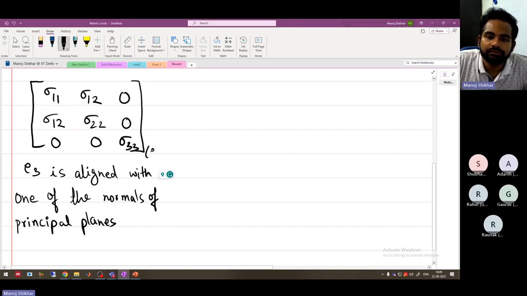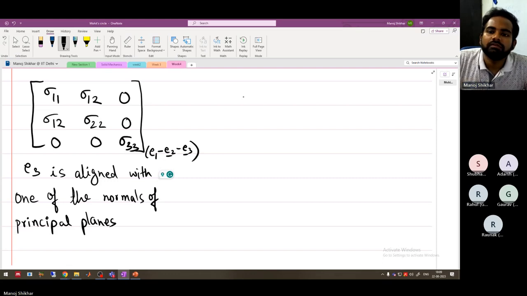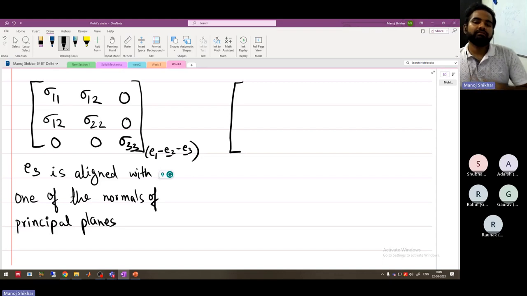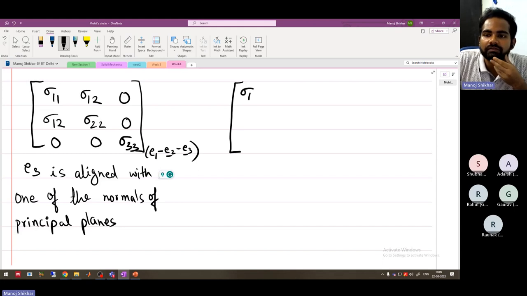Suppose it was written in the E1, E2, E3 coordinate system. Now, if we say that E1 is aligned with one of the normals of the principal planes, what will happen? We will have sigma 1 1.